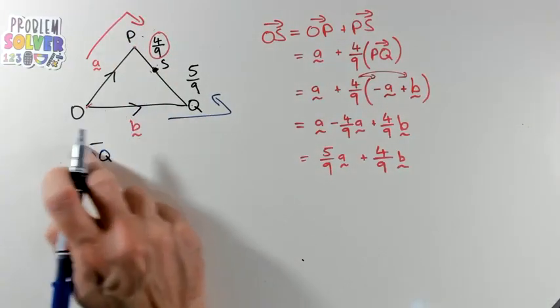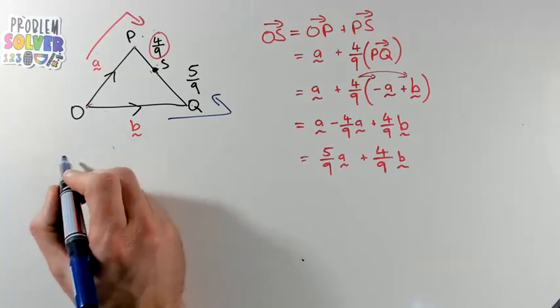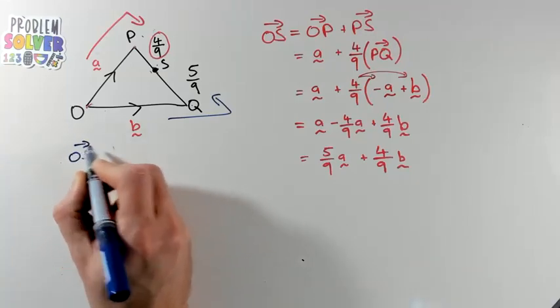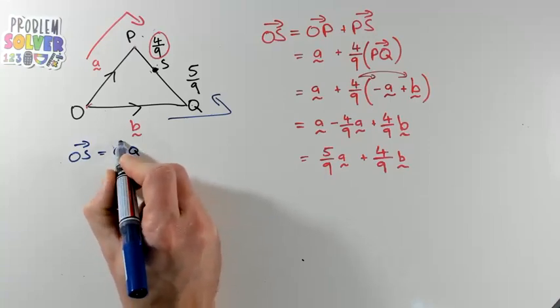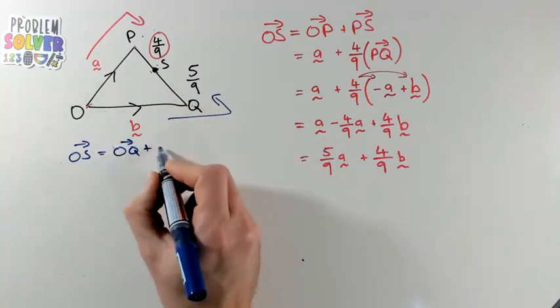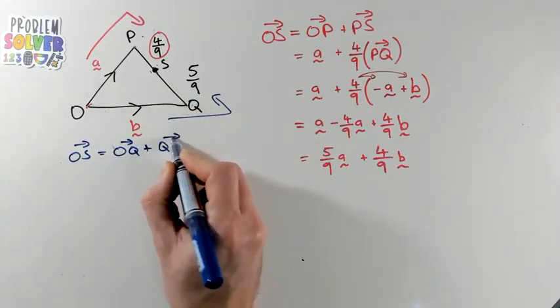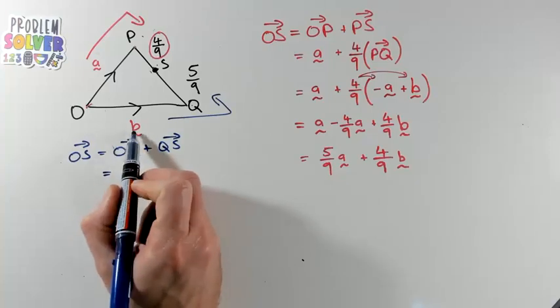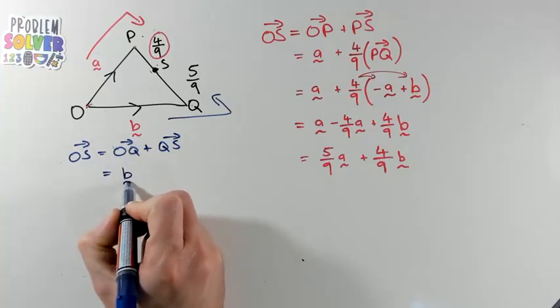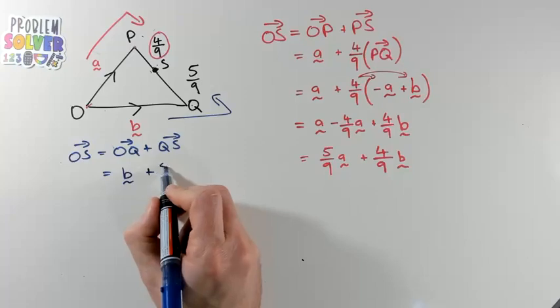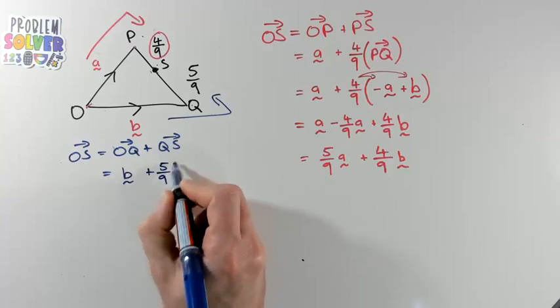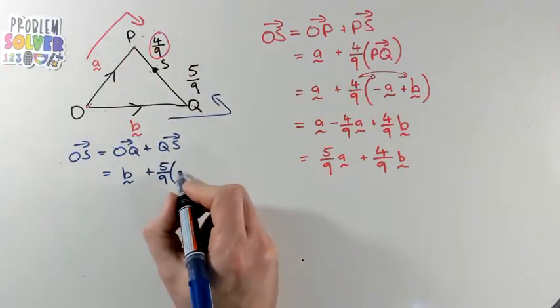So let's say I want to go from O to S. That's going to be OQ plus QS. So OQ is easy. I have that. That's B. No worries. Just put that in there. And then QS, I know, is 5/9 of QP.